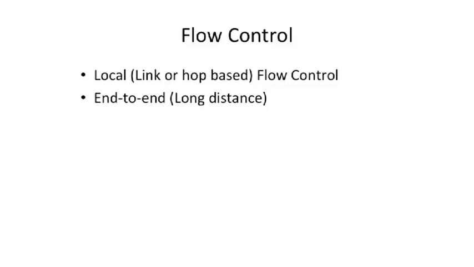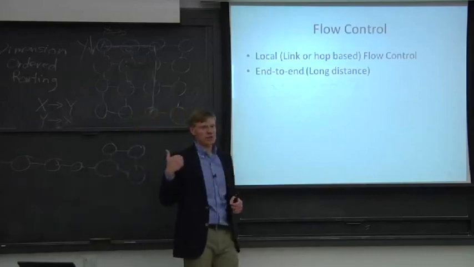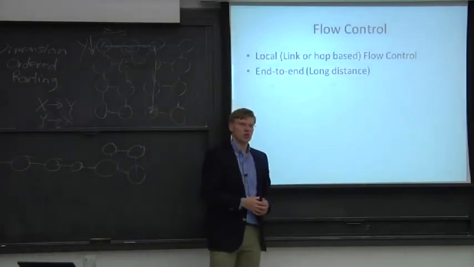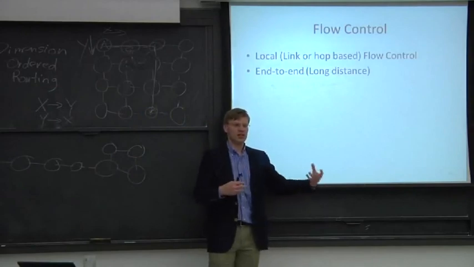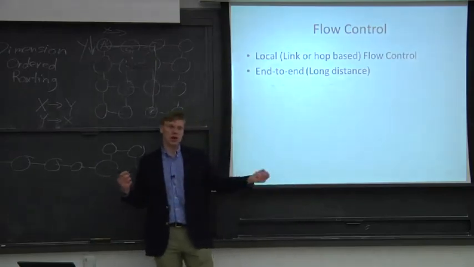And this flow control can either be local on a link-by-link or a hop-by-hop basis, or it could be round trip. So a good example of round trip flow control is going back to something like TCP/IP. You actually want to rate limit the round trip flow control so you don't flood the network if a given link is too small. So there's actually a protocol in there which will rate limit the round trip flow control.